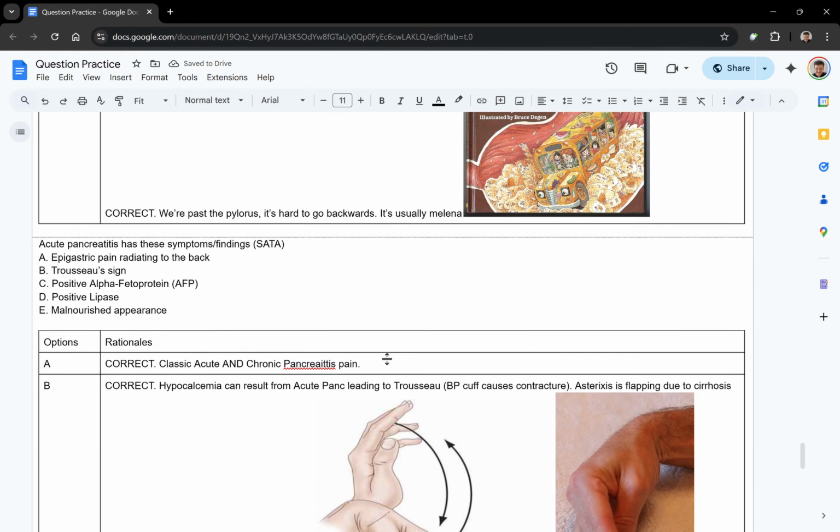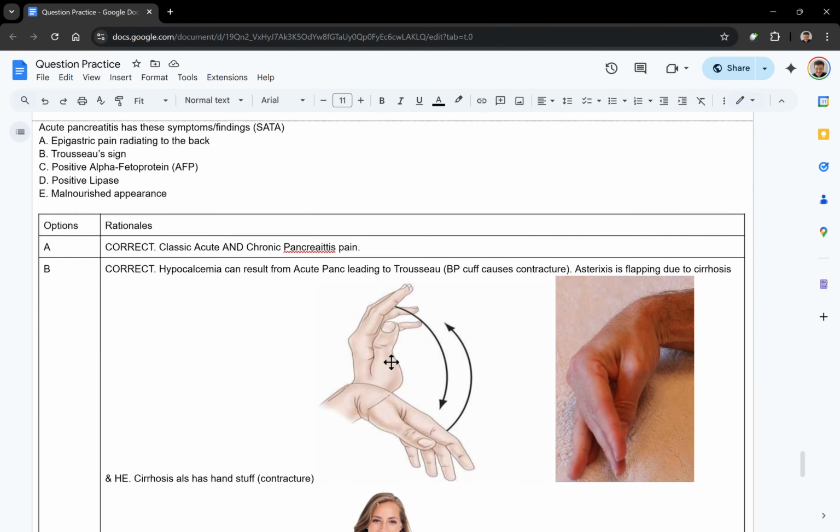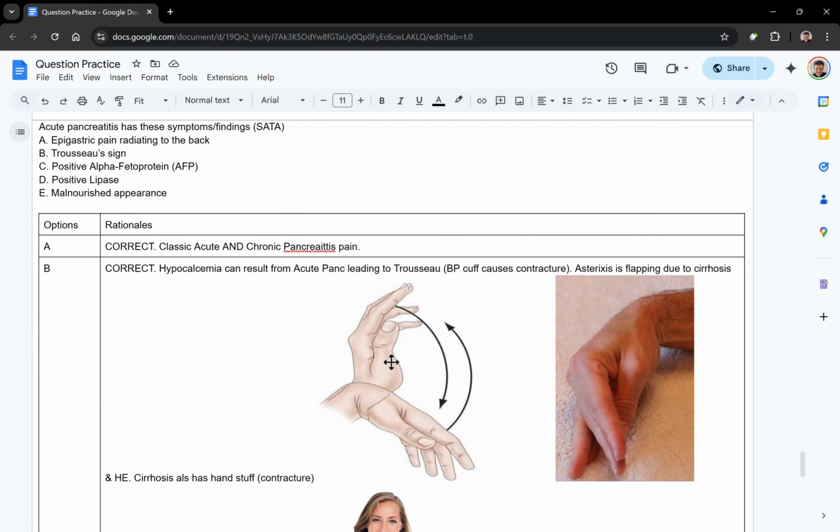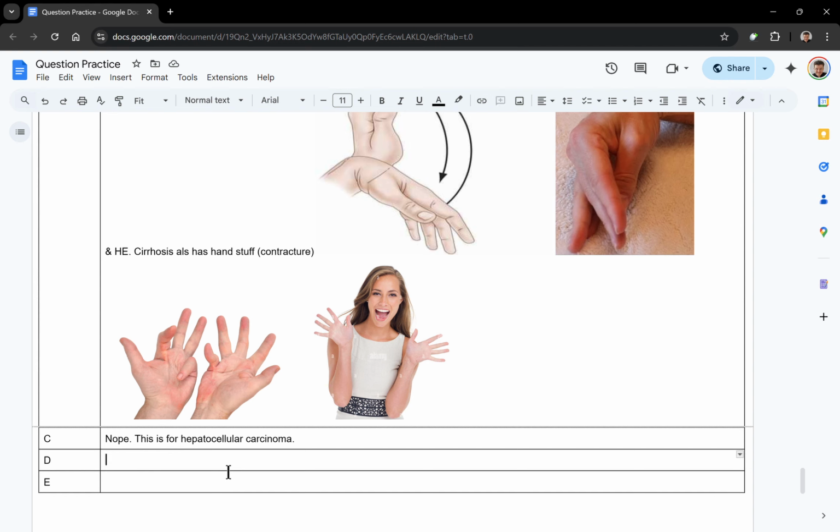And then D, a positive lipase. That's correct. Why is it correct? Because of the autodigestion of the pancreas, the enzymes are spilled into the capillaries and leak into the bloodstream.